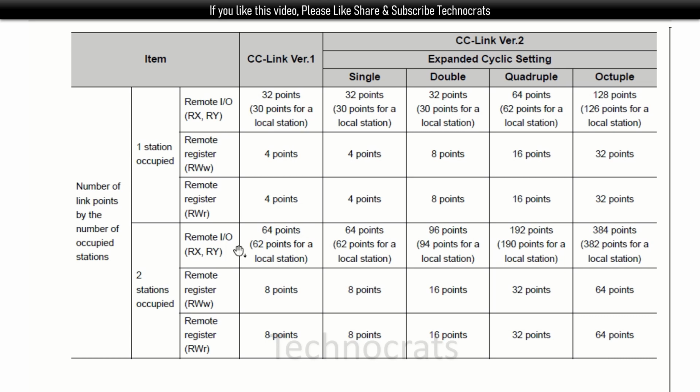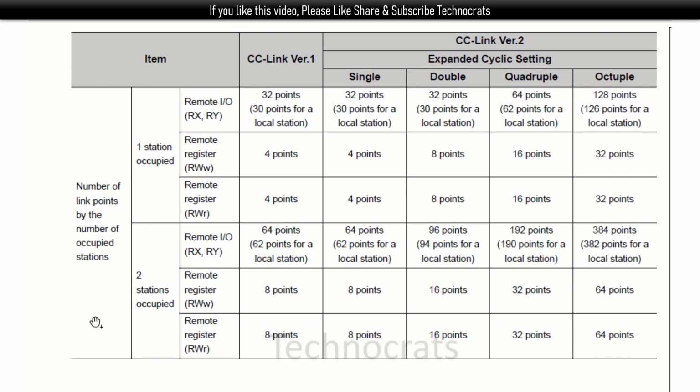CC-Link network basically is a RS-485 network that supports up to 10 Mbps of speed. Up to 64 modules can be connected in a network, and it depends upon the capability of the master module connected.